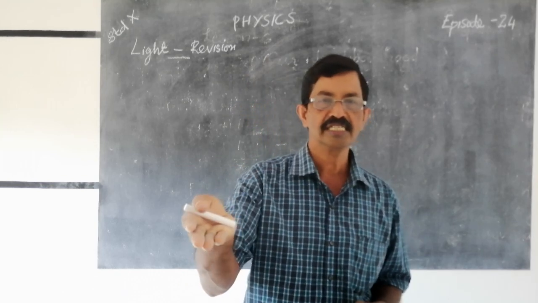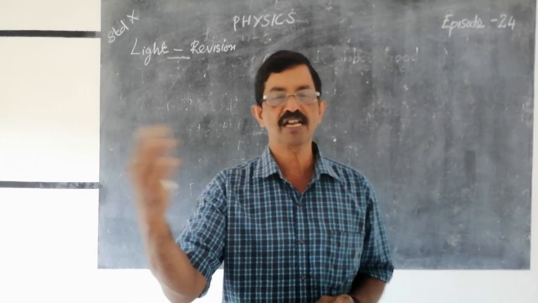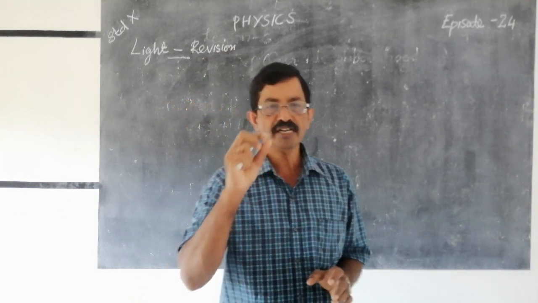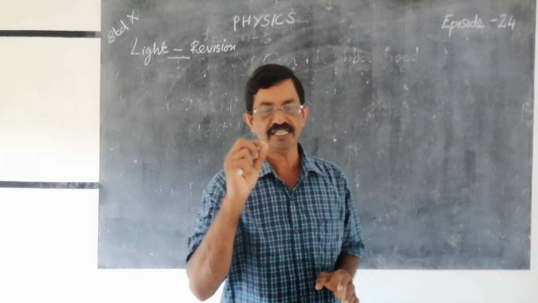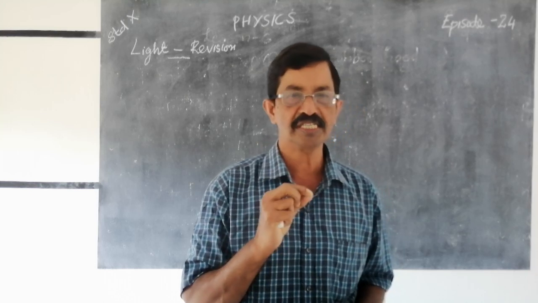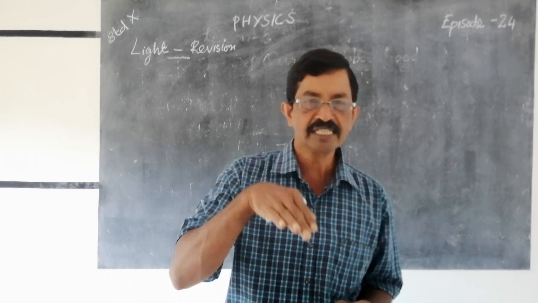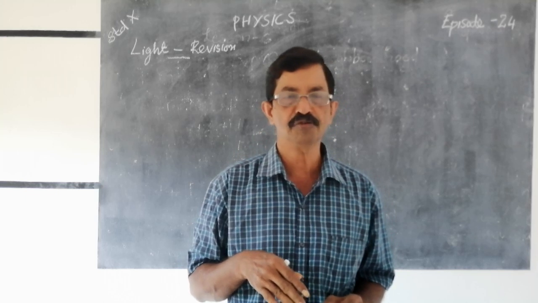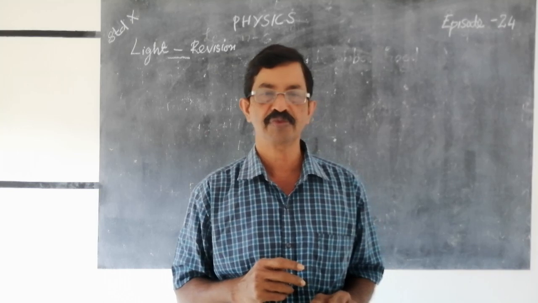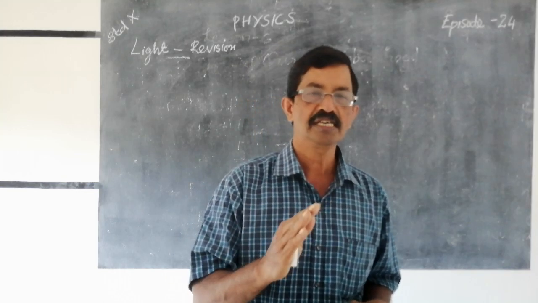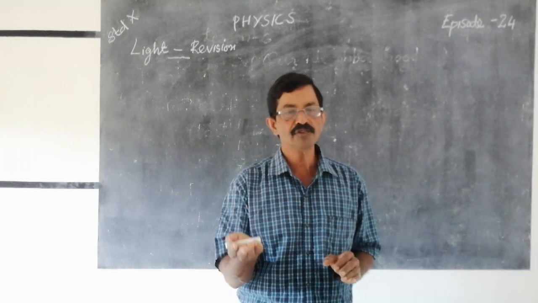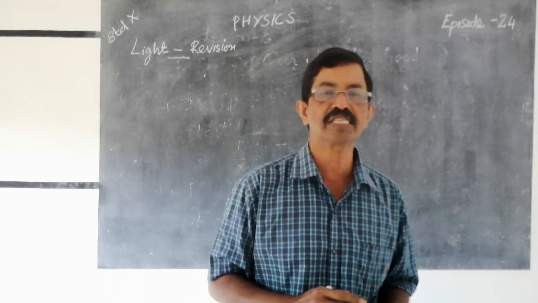That means light is considered to travel along a straight line. But if a small opaque obstacle is placed on the path of light, then that light enters into its shadow. That shows the wave nature of light also. So actually light has straight line motion, and it also has the nature of wave motion.